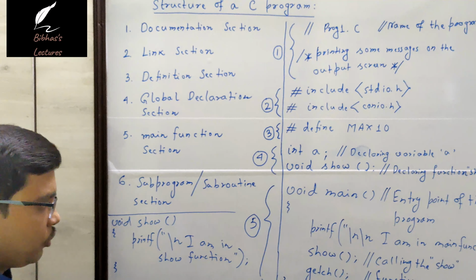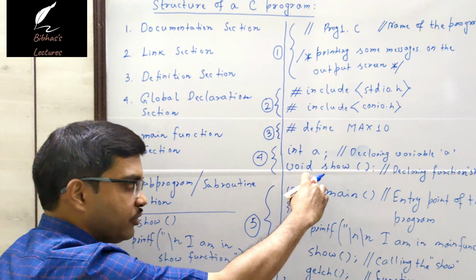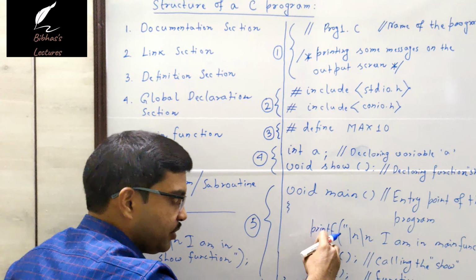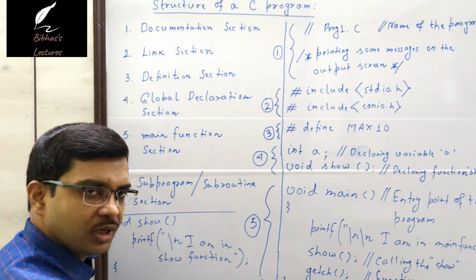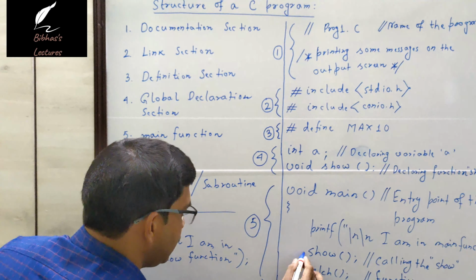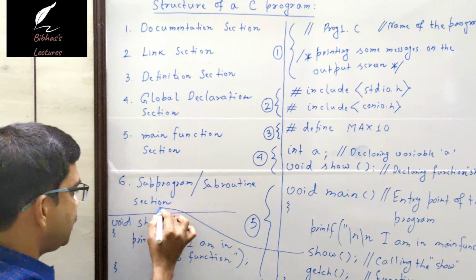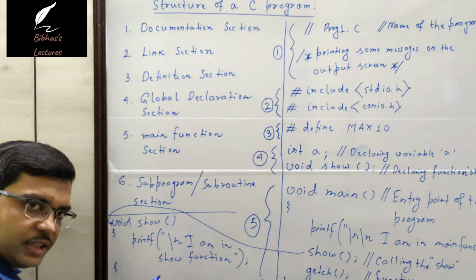Whenever the program starts, it will start from the main function. In the main function, first this line will get printed, I am in main function. After printing it, it is calling the show method. So control will transfer to the header line of the show method, where we are defining the show method.